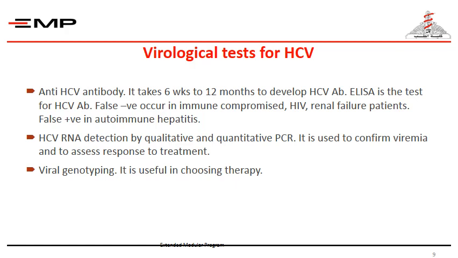Hepatitis C virus RNA detection can be made by qualitative and quantitative PCR. This is used to confirm viremia and to assess response to treatment. Viral genotyping is useful in choosing therapy.